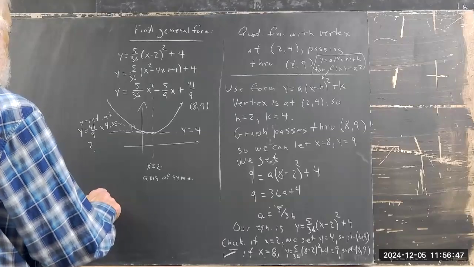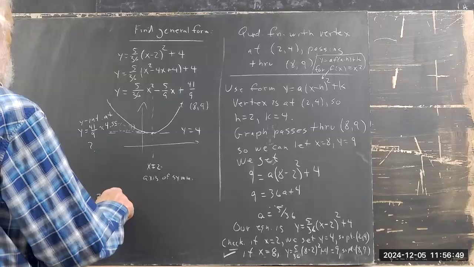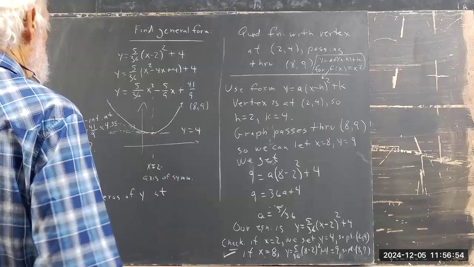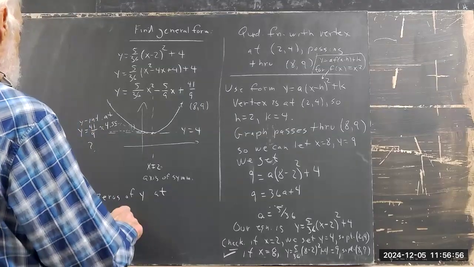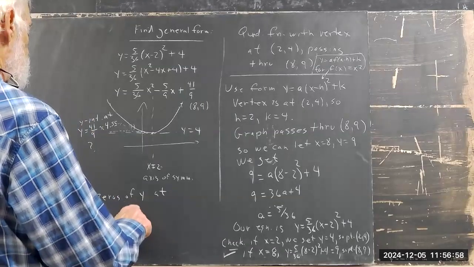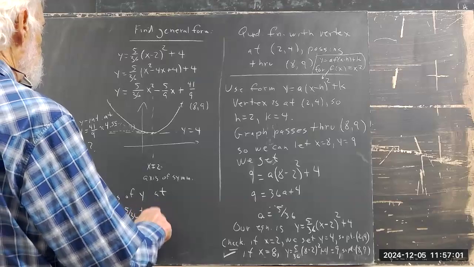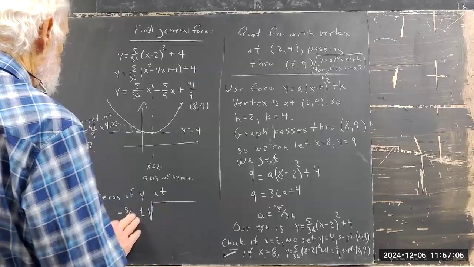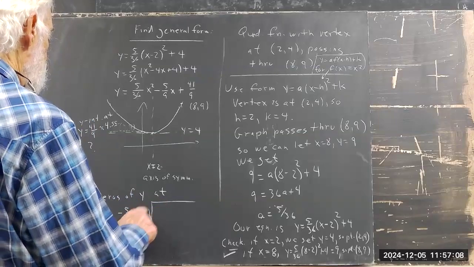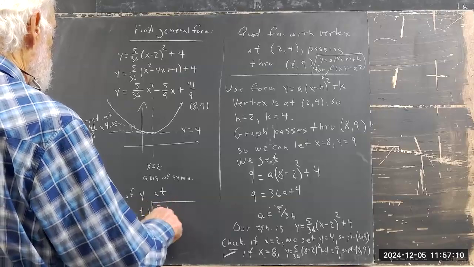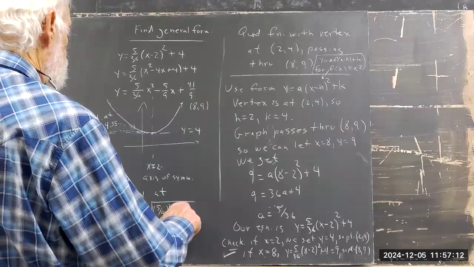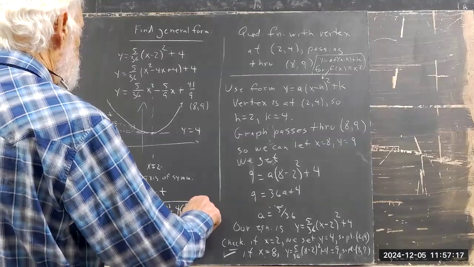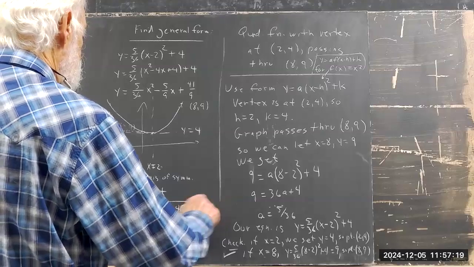Let's do the quadratic formula. Zeros of y are at negative 5/36, plus or minus the square root of, oh, it's not 5/36, it's 5/9. 5/9 squared minus 4 times 5/36 times 41/9.